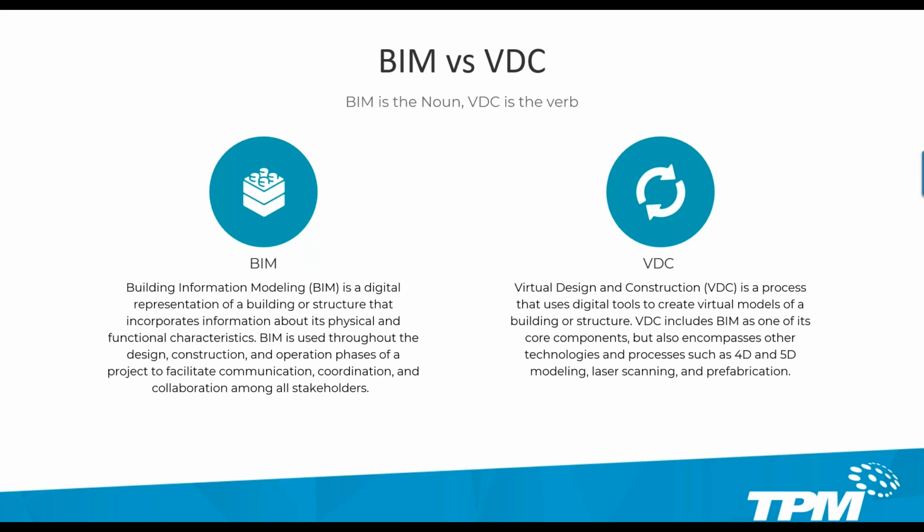This is just any 3D model that has functional characteristics that we can leverage for further analysis of that construction project, or just utilizing drafting. There's quite a few authoring softwares that will produce a BIM.